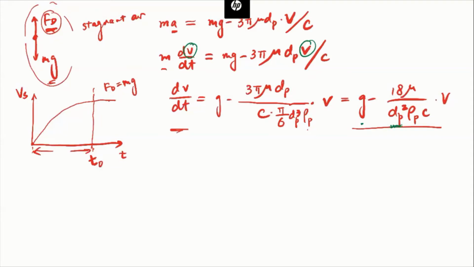So what we can do is we can set this term as b, okay? It's going to be a little bit easier when we derive the equation. So now we have dv/dt equal to g minus bv, okay?